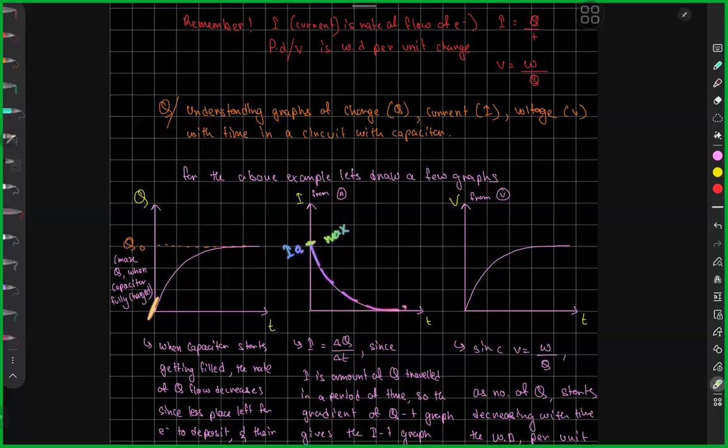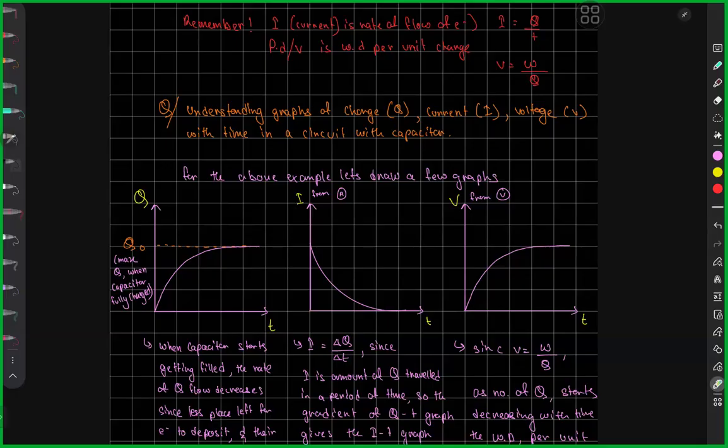And as time proceeds, current decreases eventually to zero when everything is charged up. Okay, the capacitor is charged up. The circuit is still complete, but the current will eventually fall to somewhat zero. It is not exactly zero over here, but it will fall to somewhat zero. Okay, the circuit will still be complete.